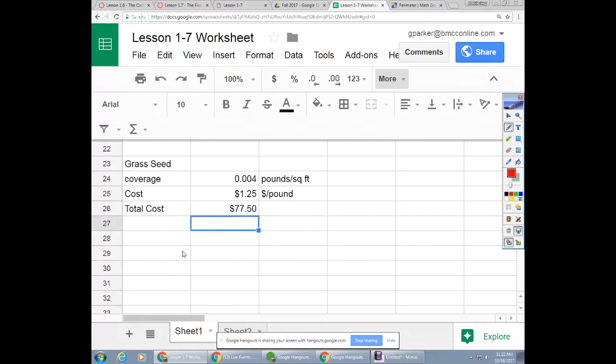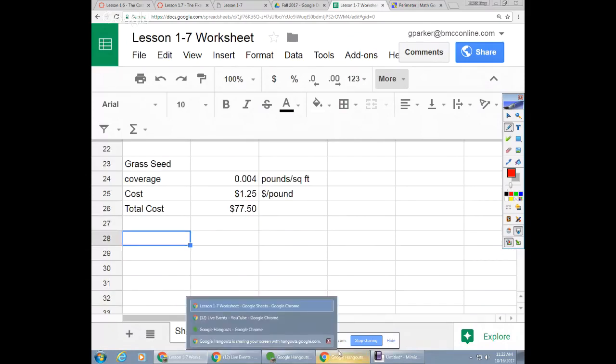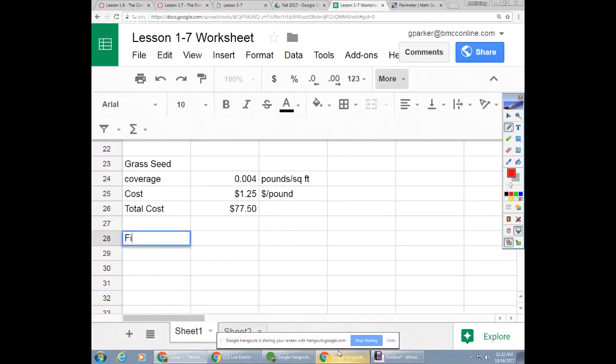So after grass seed, we have something similar to do for fertilizer. Fertilizer, something like that. So fertilizer also has a coverage, and the coverage is listed as 50 pounds per 12,000 square feet.